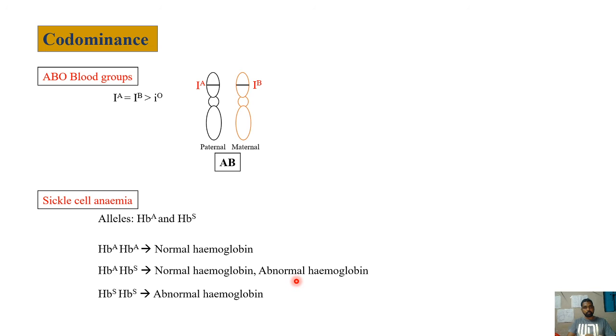What the phenotype of the person is going to be is a different thing, which we are going to discuss under genetic disorders, but basically both the genes are expressed. Therefore, both normal and abnormal hemoglobin are produced. And when the person is HbS homozygous, then only the abnormal hemoglobin is produced. So here, these two alleles are codominant with respect to hemoglobin production.